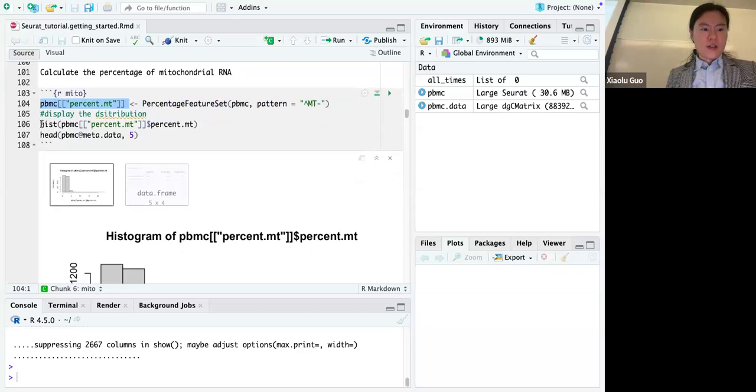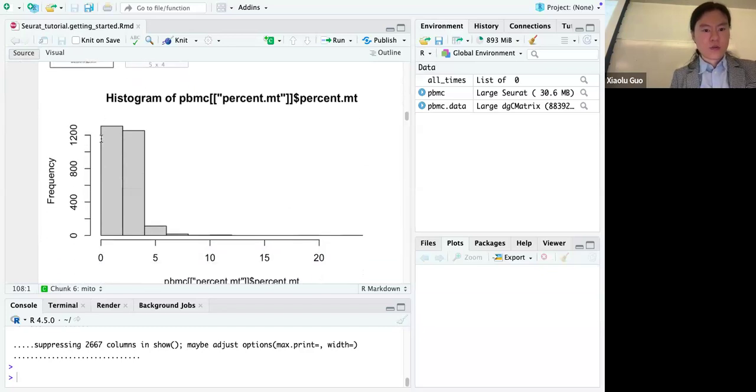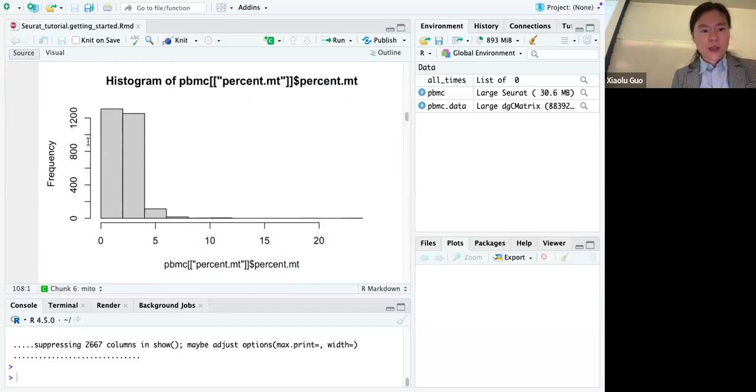Here we display the histogram, or the distribution, of this percentage of mitochondria. Here is the percentage: this is 5%, 10%. We can see that most of the cells have less than 5% mitochondria mRNA, which means they are good quality cells, not dying cells. Some cells have more than 10%, so those are probably the dying cells.